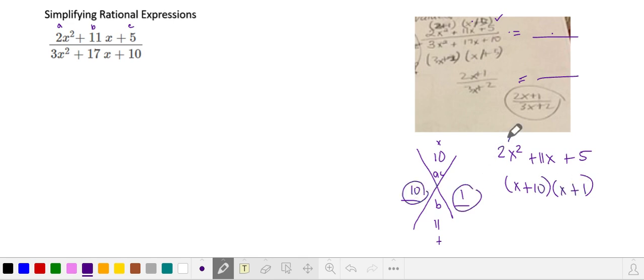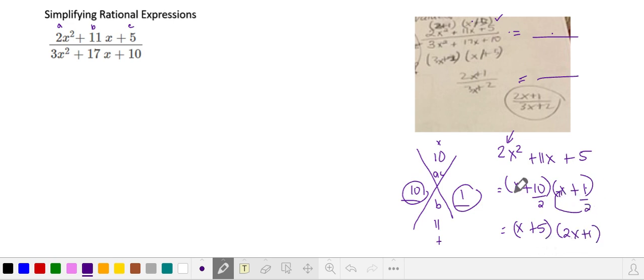But then you have that A to consider. You multiplied by AC, so you need to divide it back out. Ten over 2 is 5, so x plus 5. One over 2 is just a fraction, so in this case you put the 2 in front of your x. Therefore you have 2x plus 1.